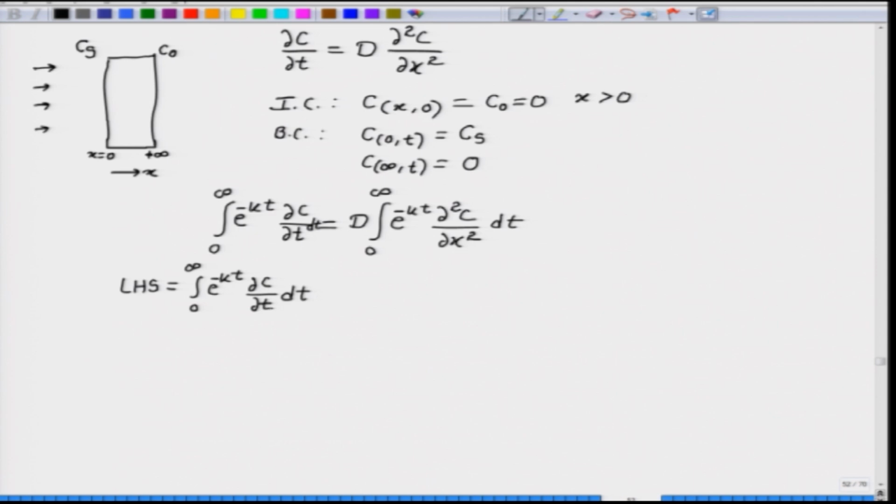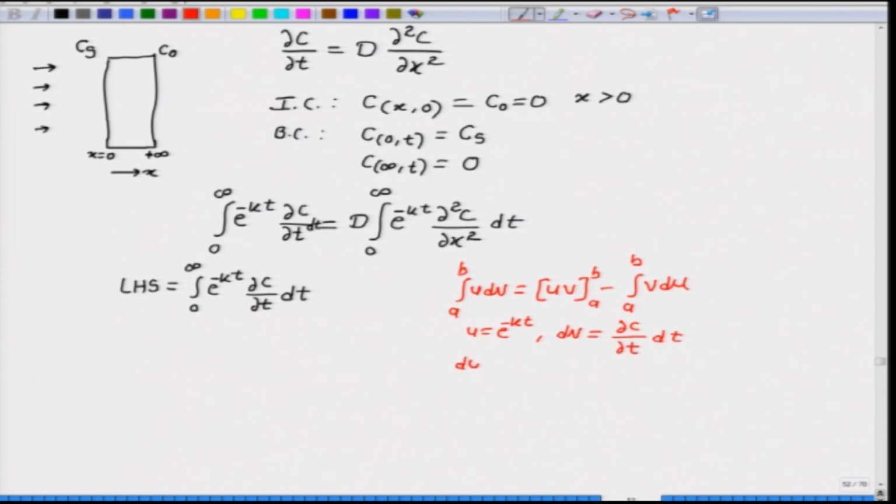We can solve this integral by integration by parts, and we know the formula for integration by parts: integral a to b u dv equals uv from a to b minus integral a to b v du. So, if we look at the integrand here, we can assume u equal to e to power minus kt and dv equal to ∂c/∂t dt.